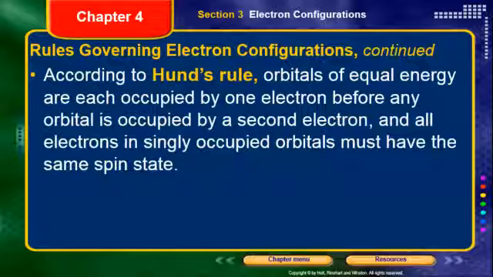Remember, each suborbital can be occupied by 2 electrons, but before you can get a second electron, all of the other suborbitals must have at least 1. And all electrons in singly occupied orbitals must have the same spin state.